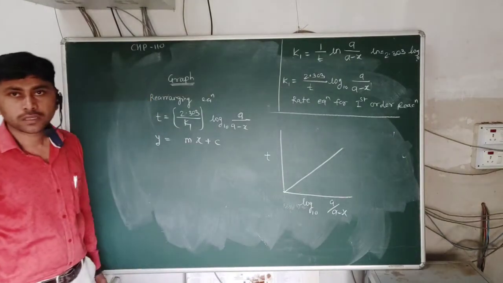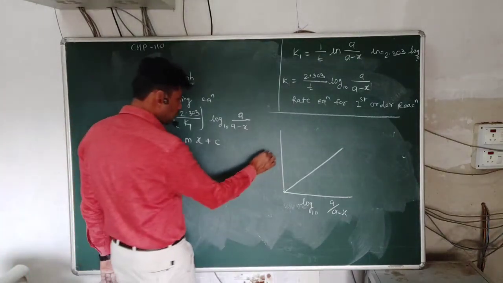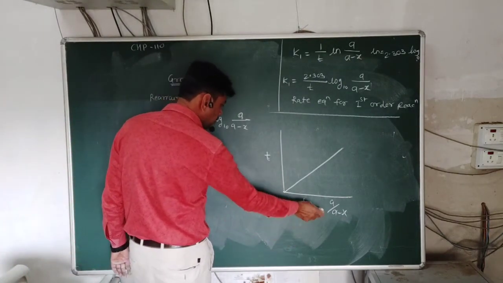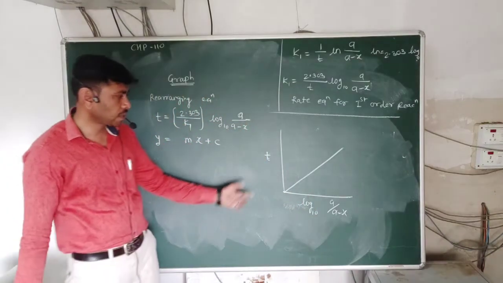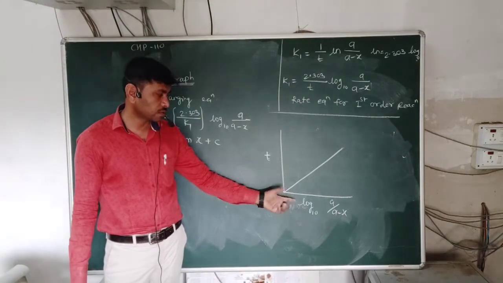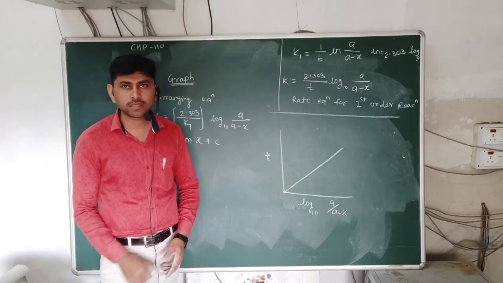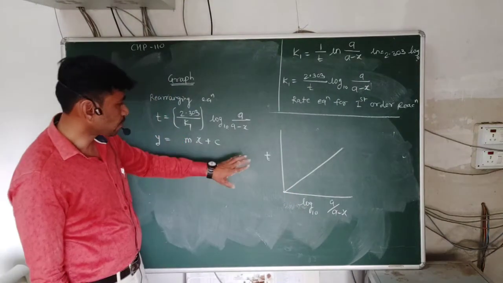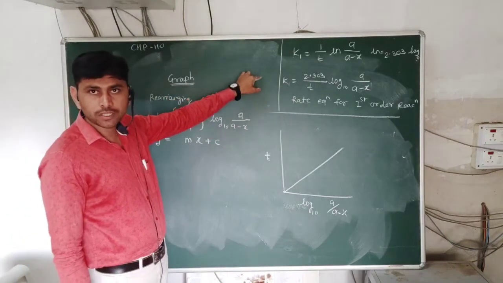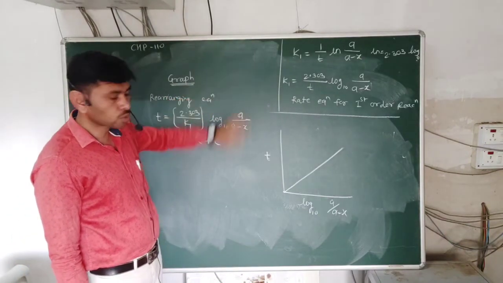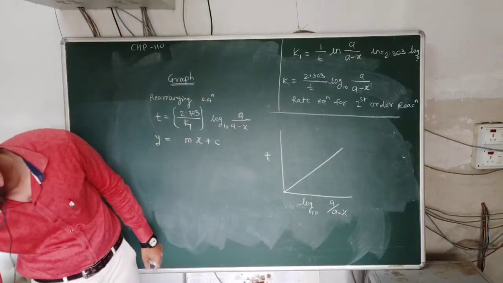It follows the straight line equation. So this is the graphical representation for a first order reaction.